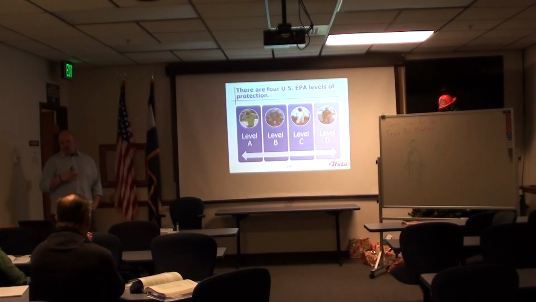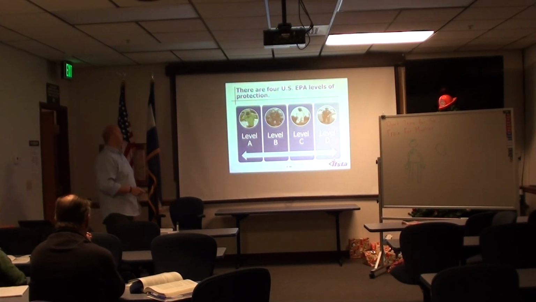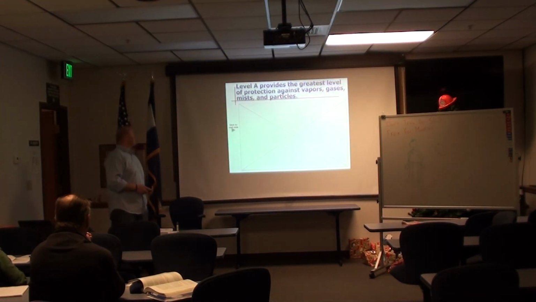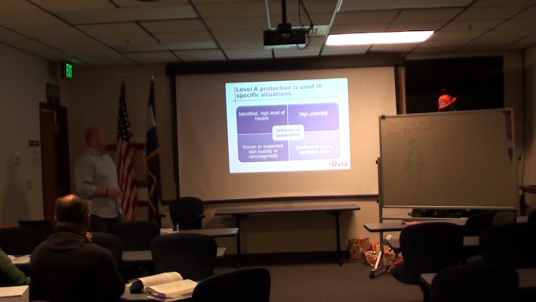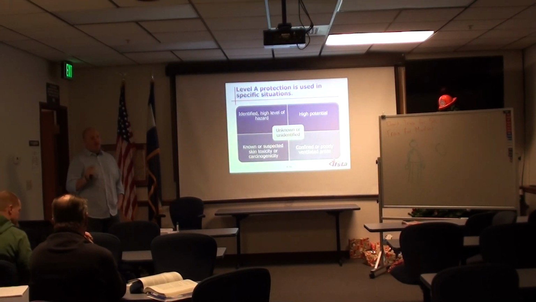So the 4 different levels, and this is from the EPA, and generally these are the levels that are associated with chemical protective clothing. You'll hear them called level A, B, C, or you don't really talk about level D, but we'll talk about what that is in a minute. So level A is vapor protection. That's the highest level of protection.